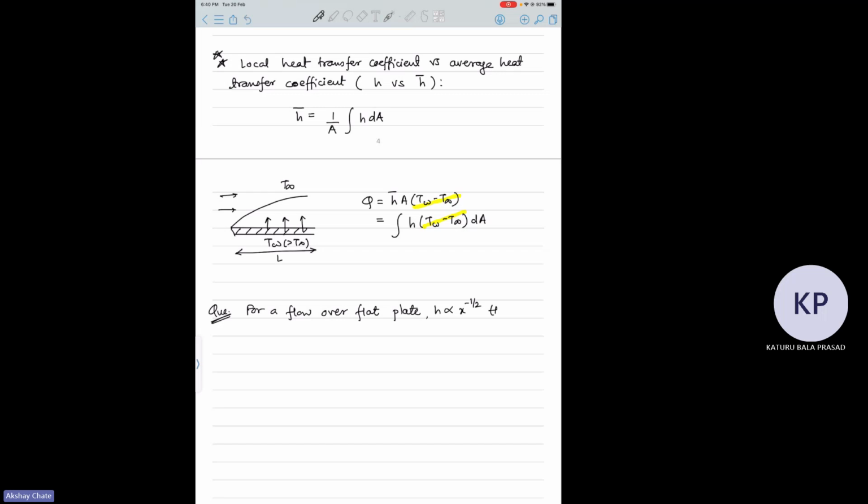Then what is the ratio of the average heat transfer coefficient to the local heat transfer coefficient? This is a very common question that is asked most of the time.